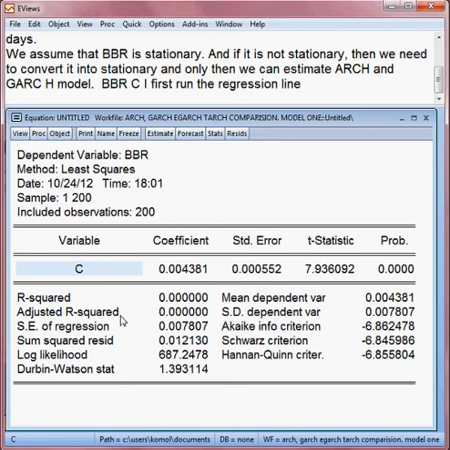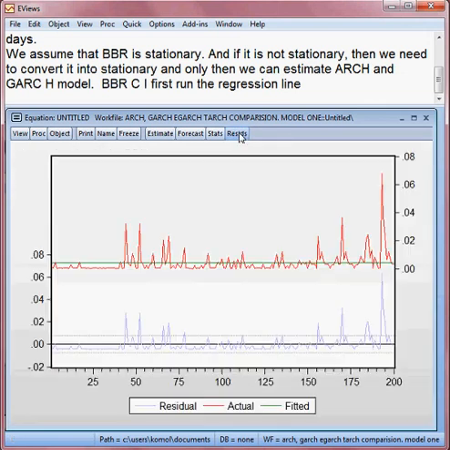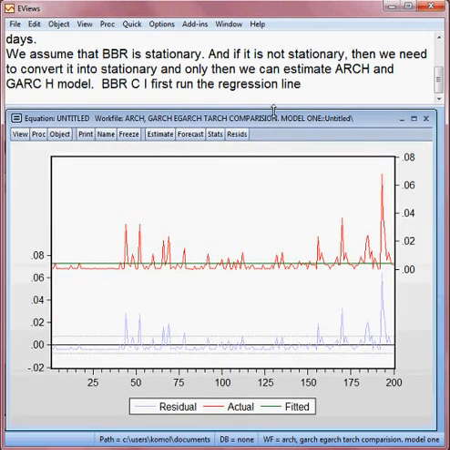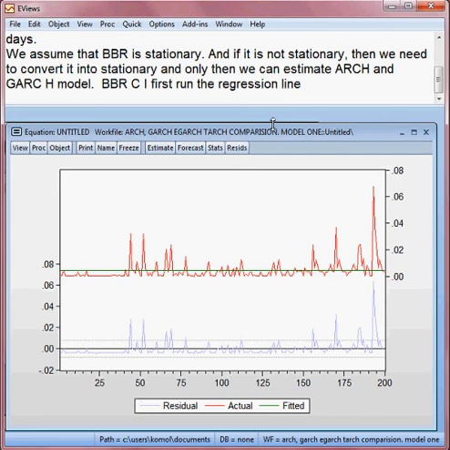This is the model. Then I check the residual of this model. So where is the residual? You can see from here, it is the residual of this model. I click on the residual, and it comes up here.